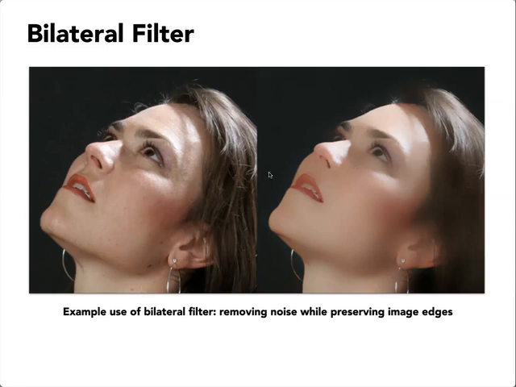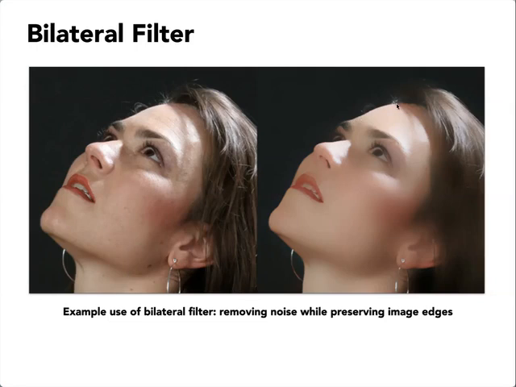So again, this is another example. As a reminder, the effect of this filter was that it averaged or blurred out detail within regions of the image that, visually speaking, look like the same object. So in this case, the skin of this person shown in this photo, but it did not blur across the edge here.